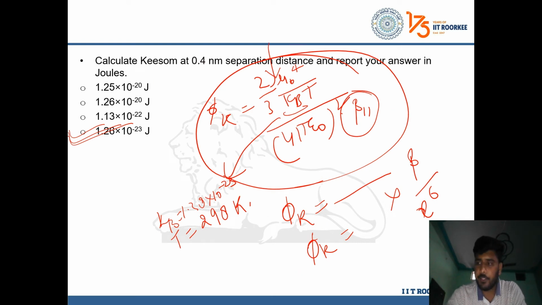Similarly, for Keesom interactions, you can put in the formula, that is 2 mu to the power 4 divided by 3 kBT, divided by (4 pi epsilon) squared, x power 6. You already have these values. You just put in the values and you will get the answer.